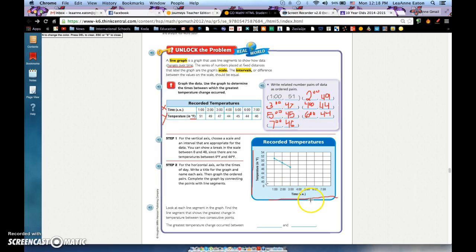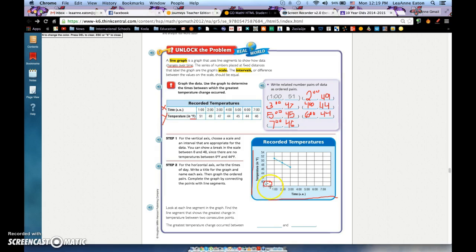So our x-axis is the time, and we have to put our interval 1, 2, 3, 4, 5, 6, and 7 o'clock. Then we have to put our temperature here on the y-axis. Notice this funny looking thing right here. This shows us that we're going to jump numbers. And we're allowed to do that because our numbers are between 44 and 51. So we don't really need to count from 0.